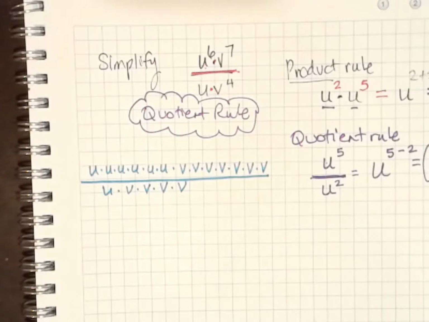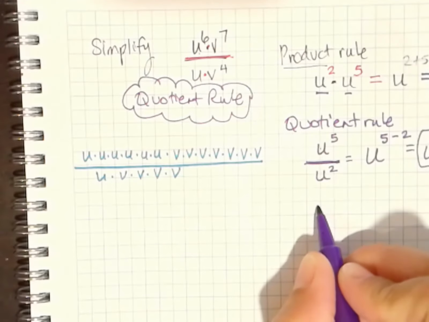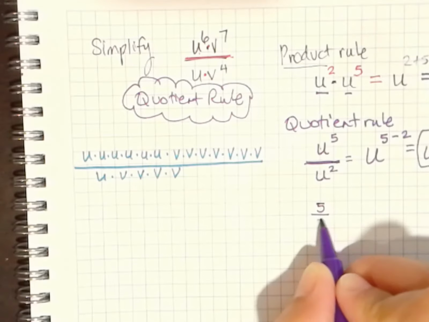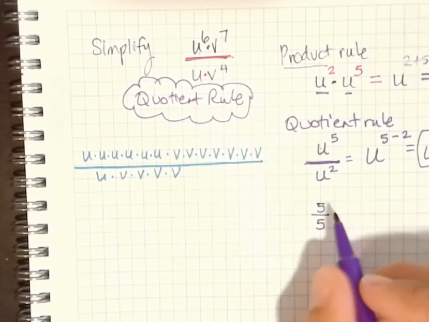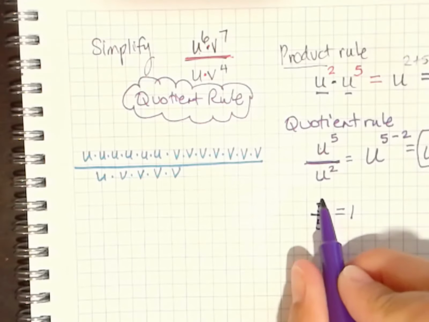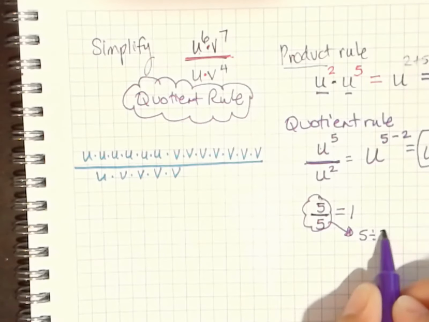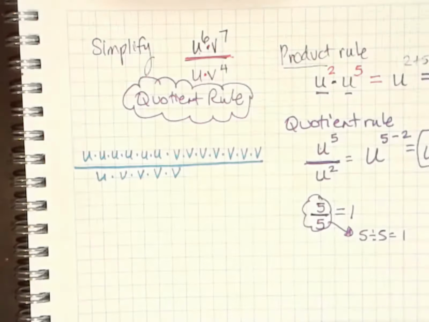Okay, so just like any time that you're working in math, if you have the same numerator over the same denominator, we know that will be equal to 1 because this means divide. So technically this means 5 divided by 5, and 5 divided by 5 is 1.